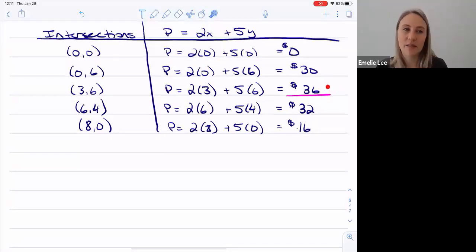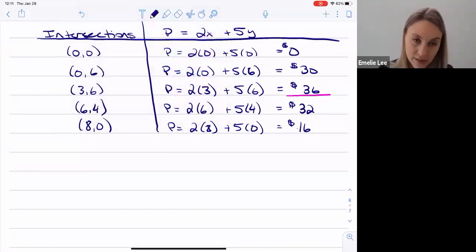X maybe is how much material should I buy and how many machines should I buy? You should buy 3 units of material and 6 machines, right? And so that's how we're answering those business questions. And so 36, that's my highest profit. That's the one I want.